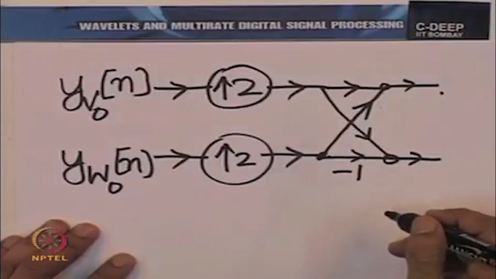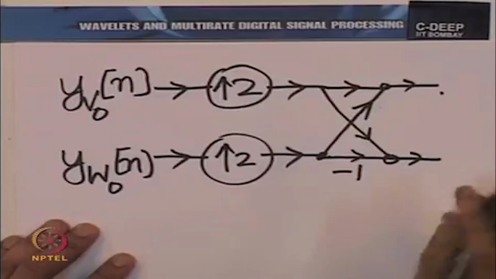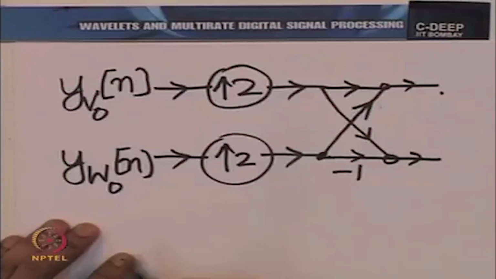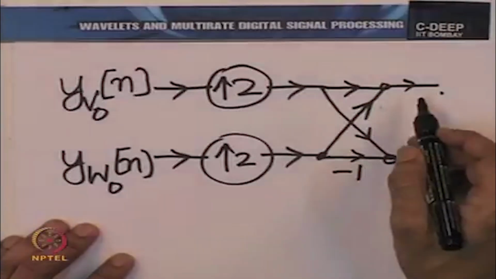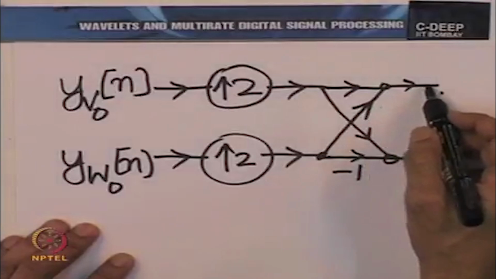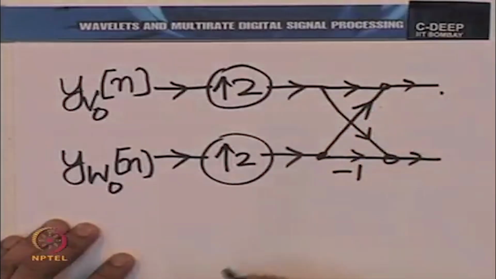So this upsampling operator needs to be located slightly differently. We have to interpret this properly. We are saying, essentially, take the sum branch at the 2nth point and the difference branch at the 2n plus 1th point.